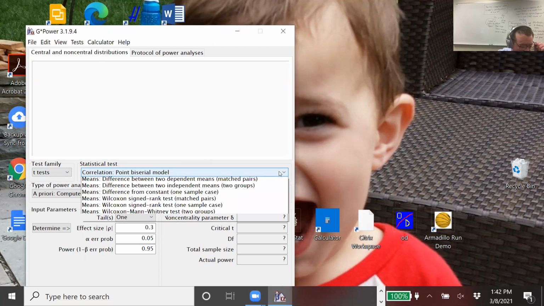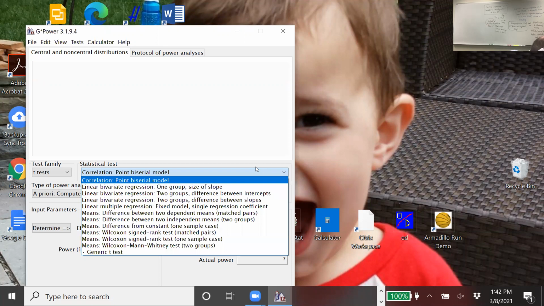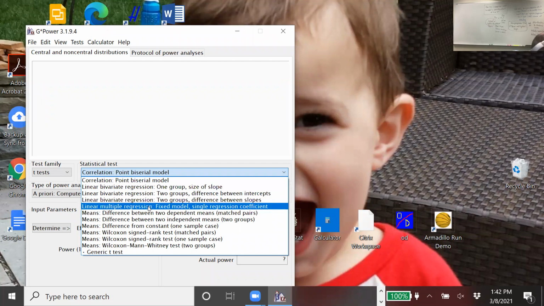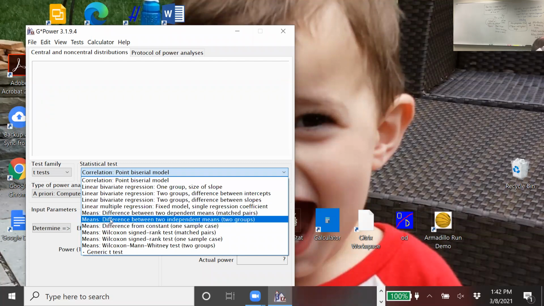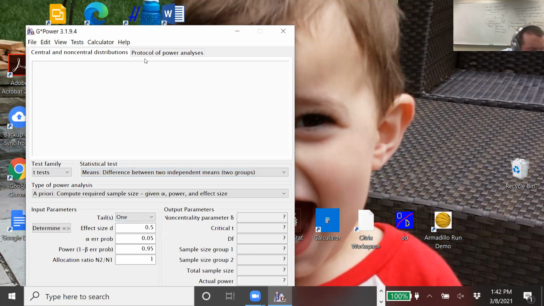In all my years of using GPower, I've only used it to test differences between two independent means, two groups, right? So you have an experiment, you allocate people to a treatment group and a control group. Those are two independent means. Okay, type of power analysis: a priori, compute minimum sample size given significance level, power, and effect size.